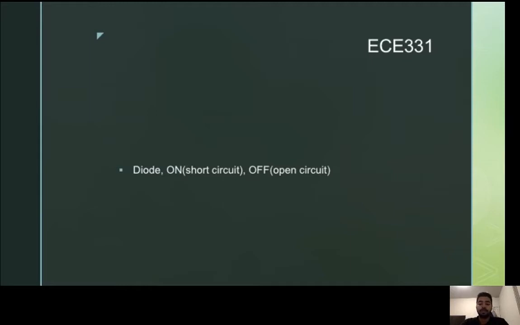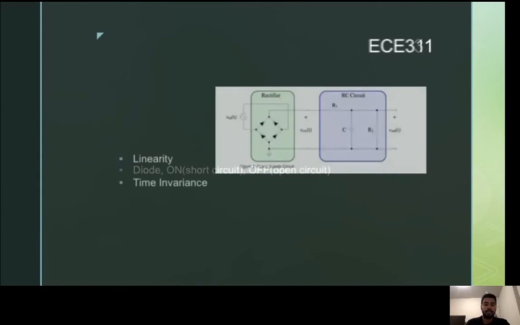So let's go back to the previous slide. At the positive cycle of the sine wave, two diodes are on and two of them are off, so the current goes through the circuit.